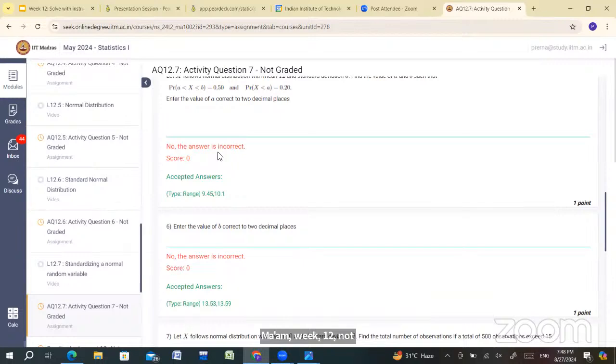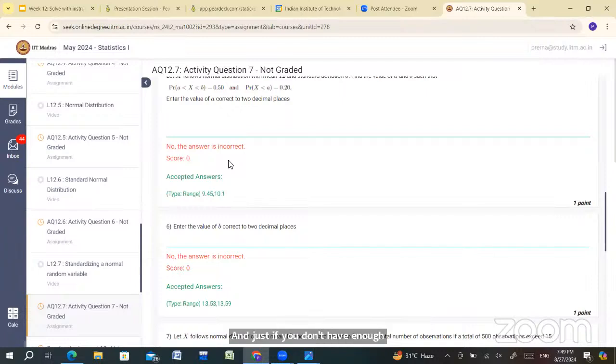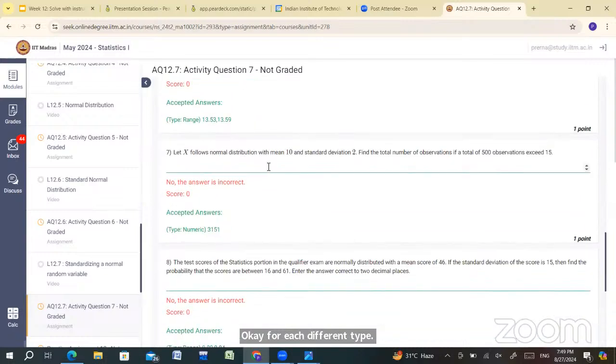Okay, remaining are done, so just go through it once. You don't need to solve all the questions of activity. There are many similar type of questions also. So just clear your concepts, and if you don't have enough time, just solve 1, 2 questions for each different type. Okay, ma'am. There are similar type of questions, so even if you solve only some of the questions, that is fine.